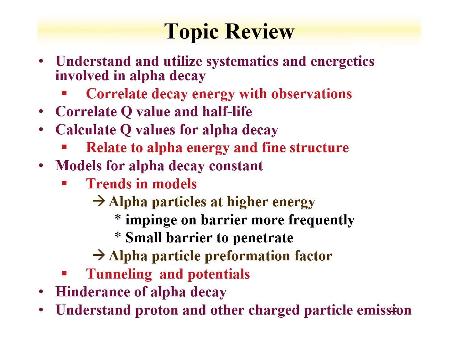And we also talked about the preformation factor, that an alpha particle may not always be sitting in the nucleus, that it needs to be formed in the nucleus and then impinge upon the barrier. So this can account for some of the differences that one sees between the model and the observations, particularly for non-even nuclei. We talked about tunneling and potentials.